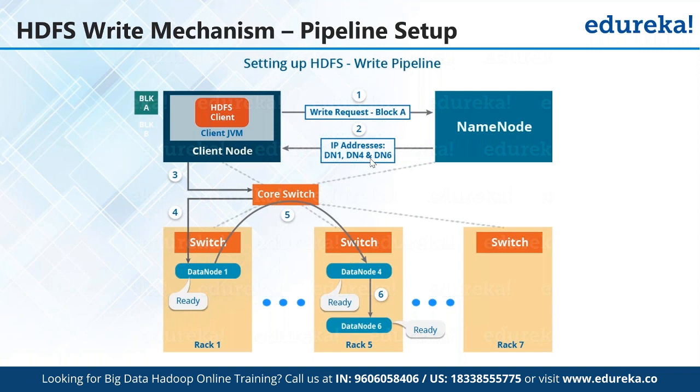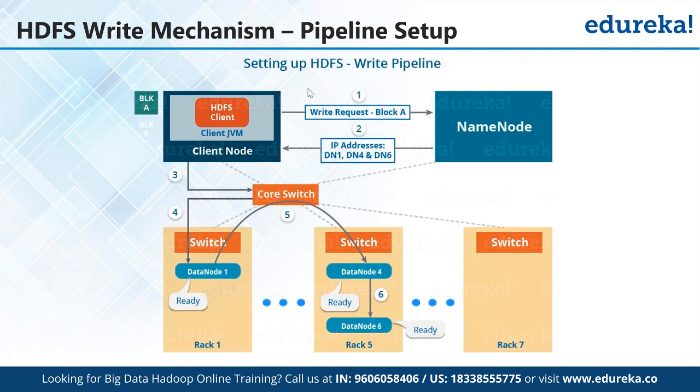One more thing you should understand is that replication is also done. Each and every block will be replicated thrice. Once you have written a particular block on a data node, it gets replicated internally. This data node will replicate it to another data node, that data node will replicate it to another, and so on. How does the switching between nodes happen? By the core switch.